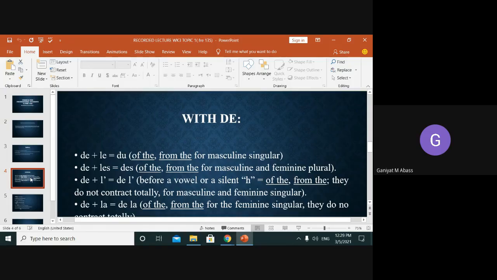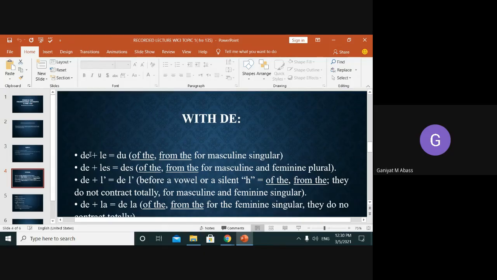Now, I said when you want to have contracted articles, you combine them with what? Preposition à or de. Okay, now we've talked about preposition à. Now this is with de as a preposition. You have de plus le.